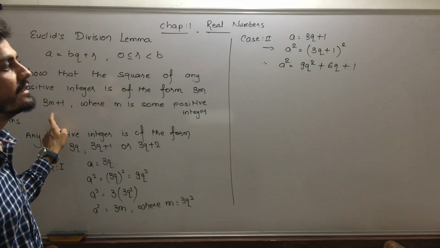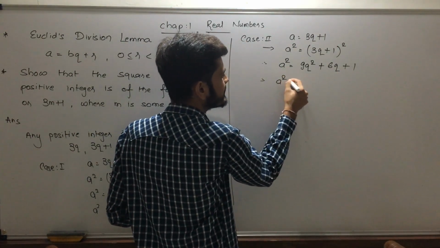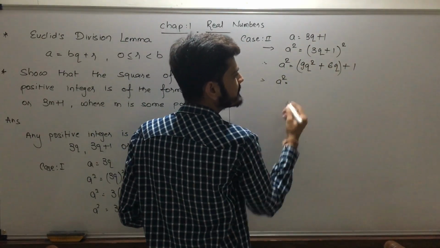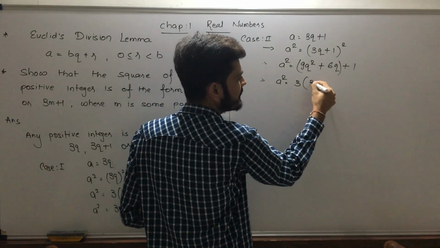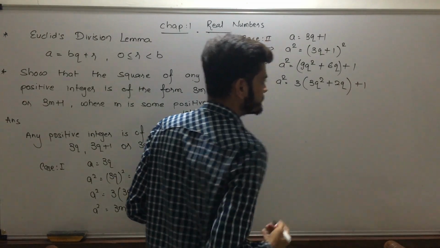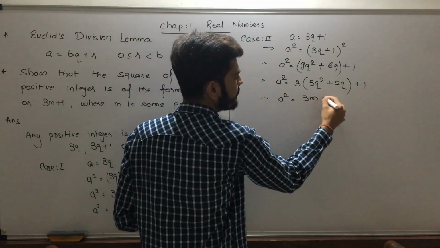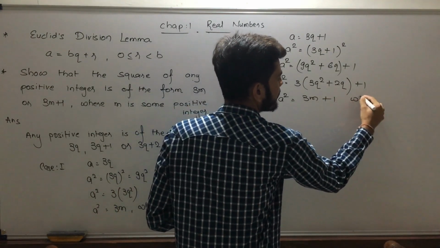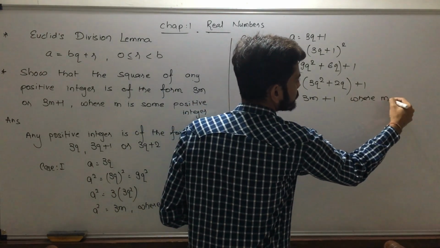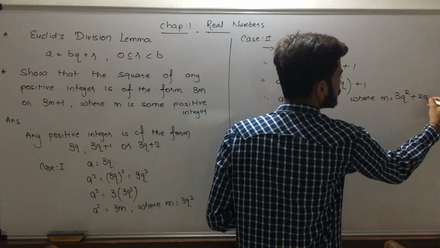We can clearly observe that here we have plus 1. So a square is equal to 3 common from these two numbers and remaining 3q square plus 2q and plus 1. So it is now in the form of 3m plus 1 where m is equal to 3q square plus 2q.